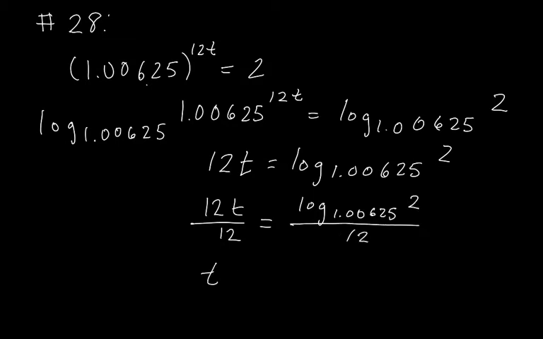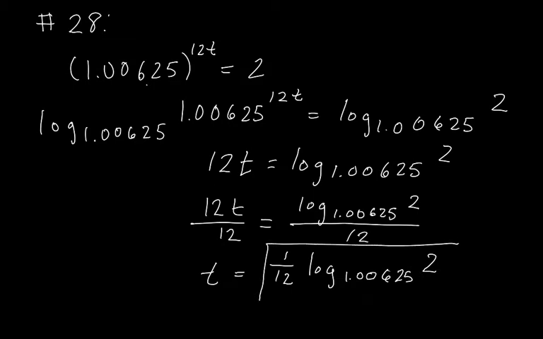So t, if we pull the 12 up front as a 1/12, that's probably a little cleaner to look at. Let's be very careful how we write this. Don't want the 0 to look like a 6. And that's our answer. Doesn't look super pretty, but that doesn't mean it's not the right answer.